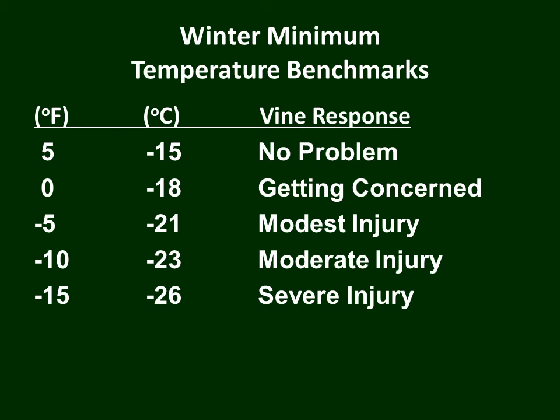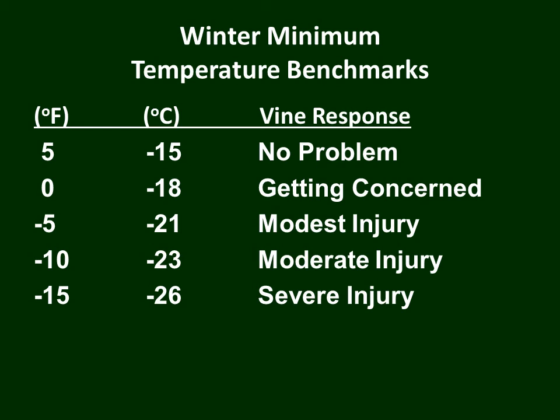As a review, in video 39, we said for the varieties we're growing in Michigan, these are the temperatures that we consider to be problematic. We start to get concerned about winter minimum temperatures when the temperatures go below 0 Fahrenheit or minus 18 Celsius.